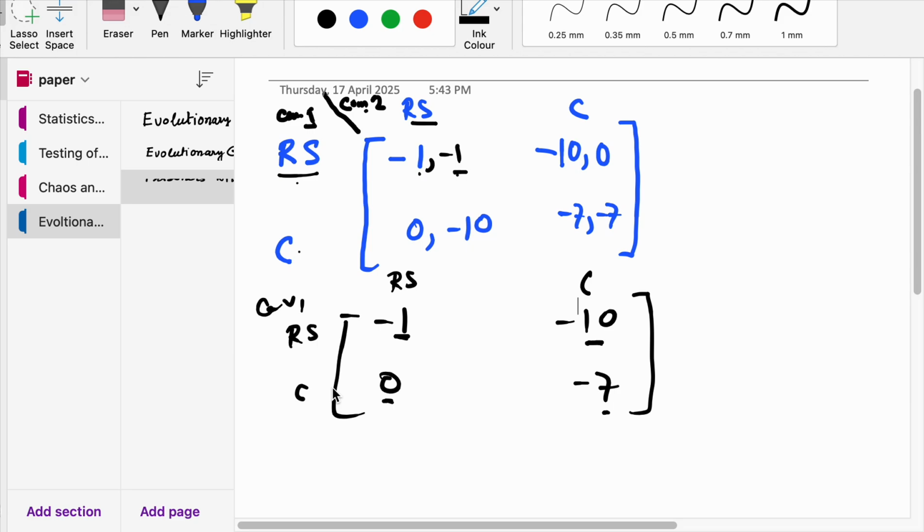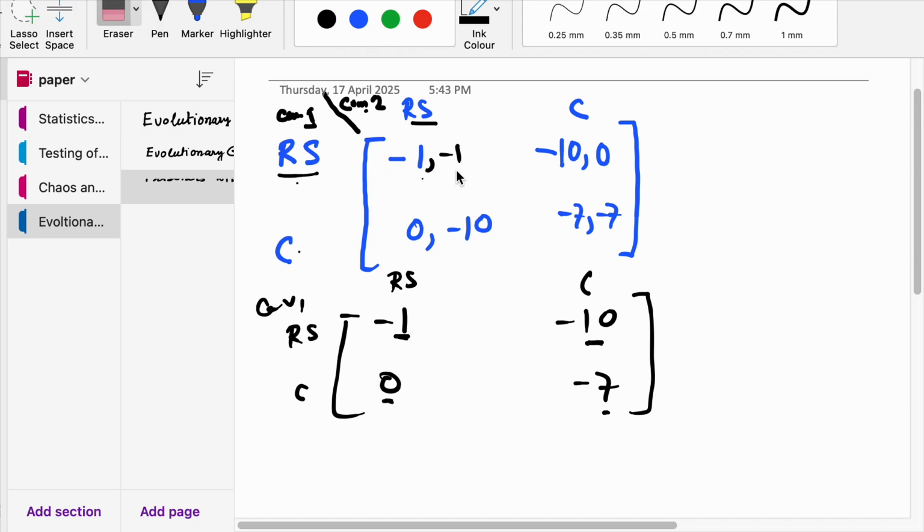Is there any specific reason for taking the payoff values as negative? Yes, these negative numbers show that they are getting a punishment. They are getting a sentence of 1 year here, so it is minus. It shows a punishment. But numerically minus 1 is greater than minus 7.